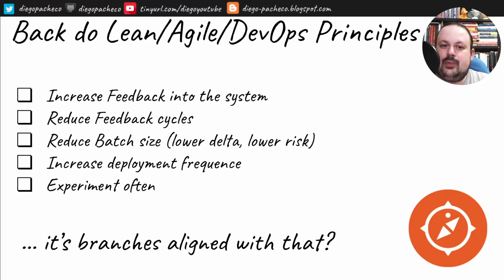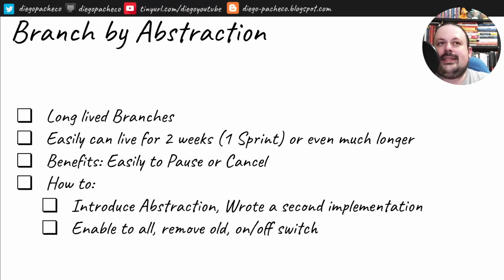The business wants to do A/B testing and discovery, and for those reasons you want to do more experiments. It's all about experimentation and discovery. These principles are gold, and we need to think about whether our branches are aligned with them or not. Now let's talk about some options that we're going to see in the industry.